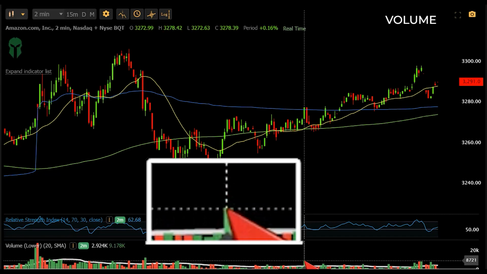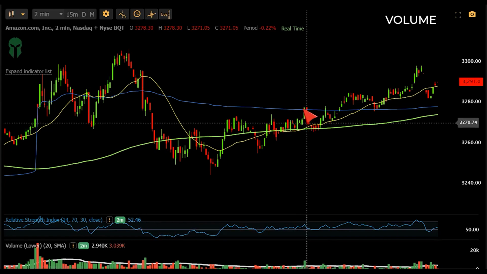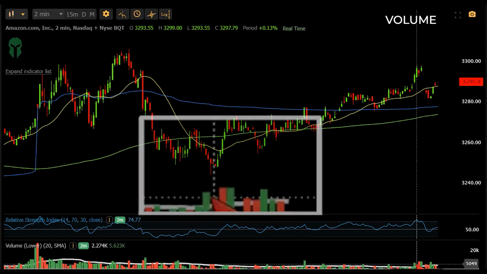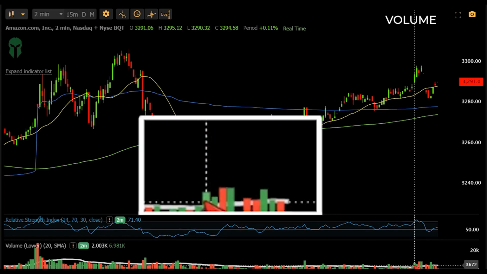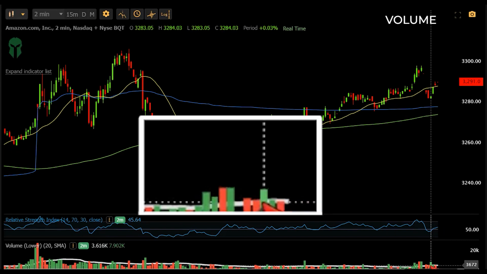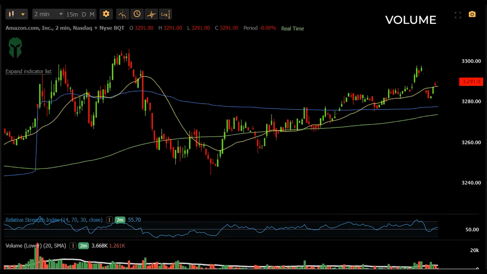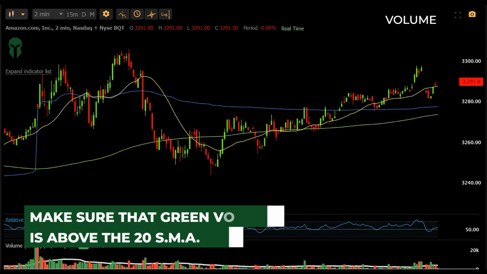So if we have this, we can get a point if this was an entry right here. If we look over here, there's another entry, another point. So what you're doing to give yourself a point is you're very simply making sure that your green volume is above the 20 SMA when you put on a trade.